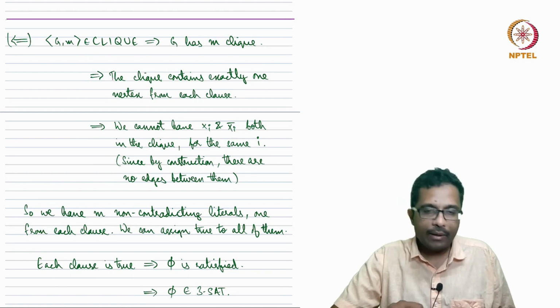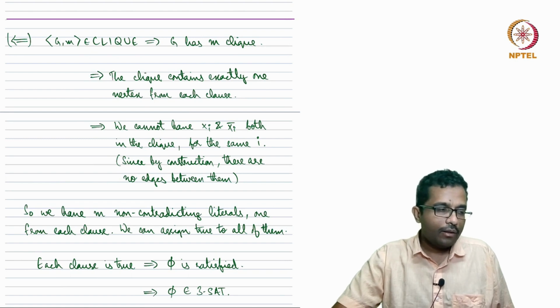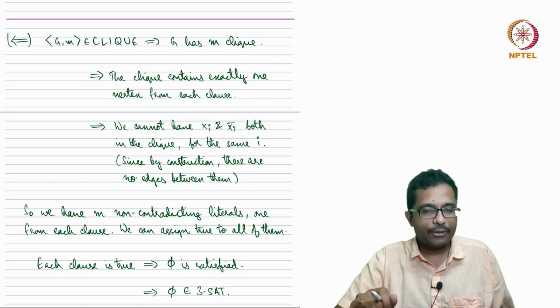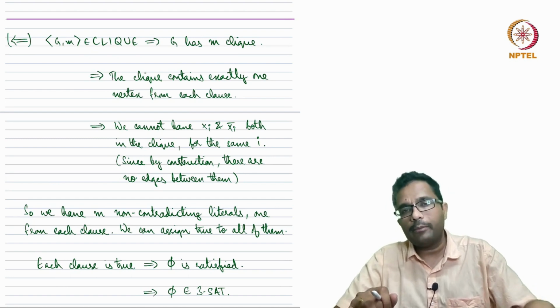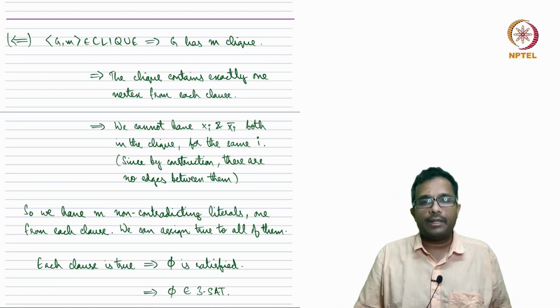And this will be completely fine because we do not have conflicting literals. If xi was set to true, xi complement will never have been set to true, because these two cannot be part of the same clique.